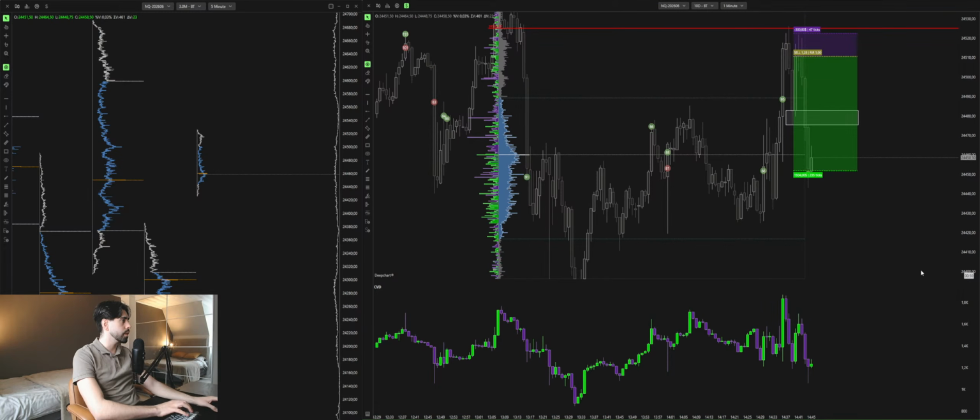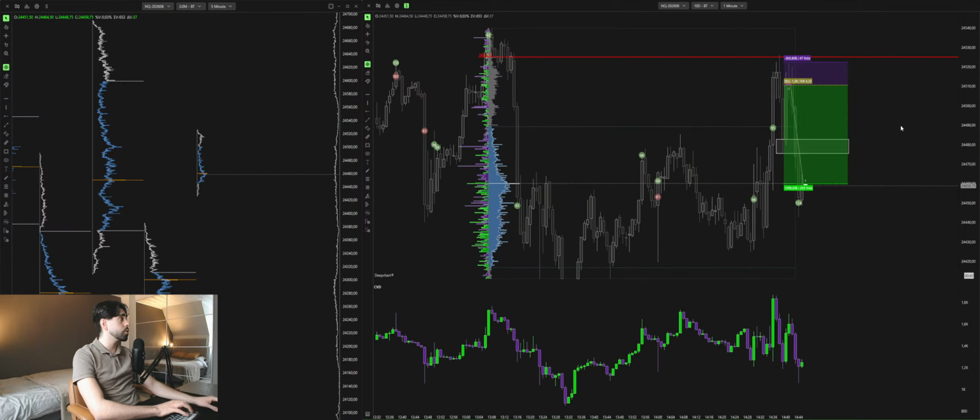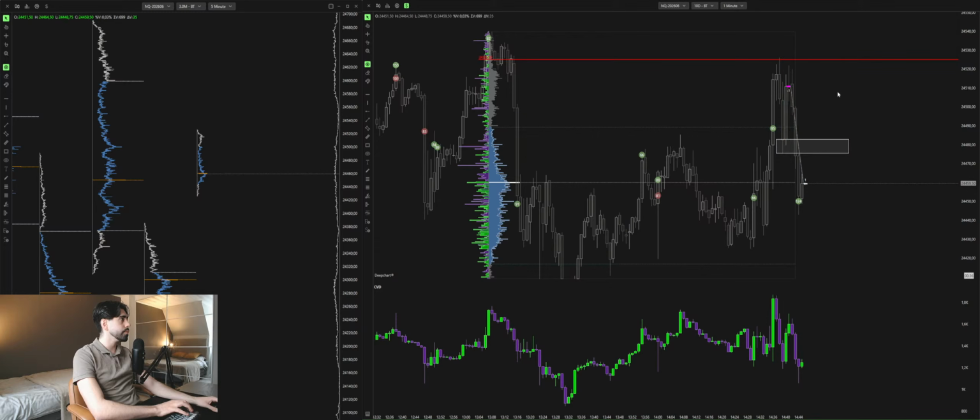Where did it kill it? I saw the buyers here and they got accepted. That's why I wanted to kill it. Okay, first trade 4.3R. We're up $1,000. Okay, on to the next one.